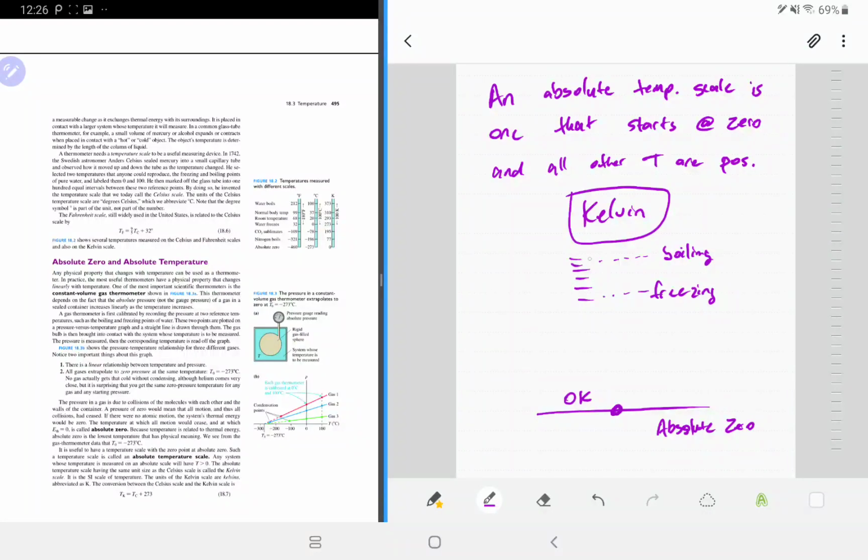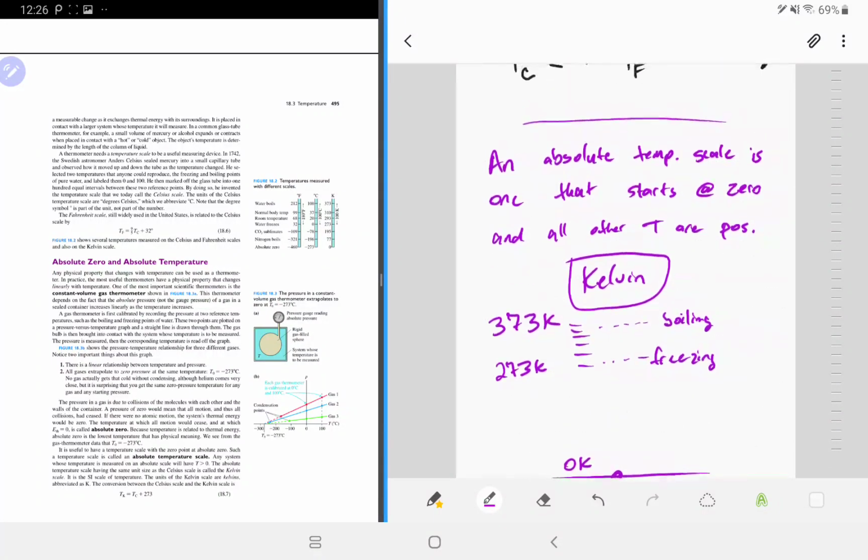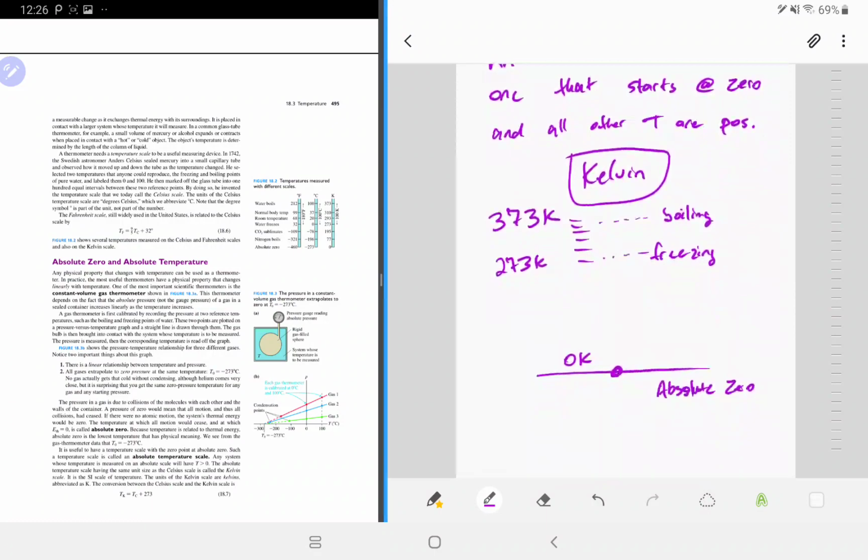So there's going to be 100 steps from the freezing point to the boiling point. With those two facts, if we extrapolate down to 0, we have to call the freezing point of water 273 Kelvin, and the boiling point is going to be 373 Kelvin. Remember, if it's 100 degrees Celsius to go from the freezing to the boiling point, it has to be 100 Kelvin as well. Notice how I'm not using the word degree for Kelvin. We just say Kelvin rather than degrees Kelvin.